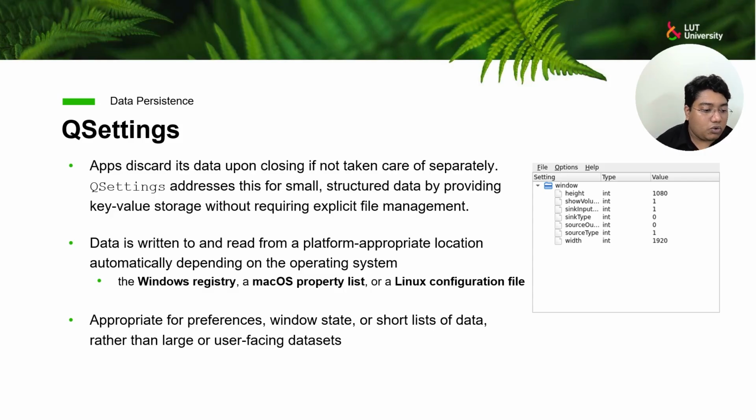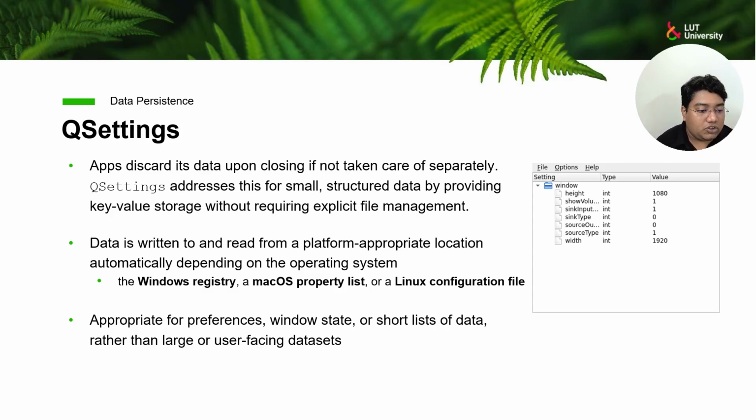QSettings stores simple key value pairs. For example, we might save the user's preferred language, whether the dark mode is enabled or not, or the size and position of the application window on the screen. One of the nicest features is that we don't need to worry about where this information is stored.